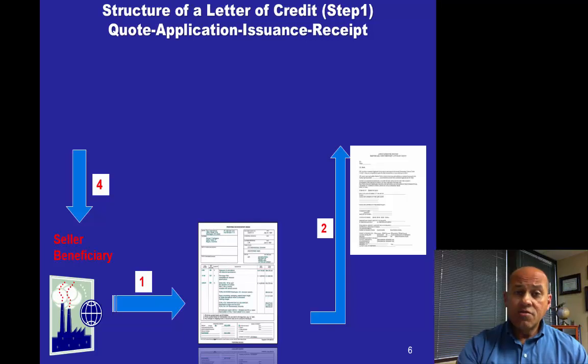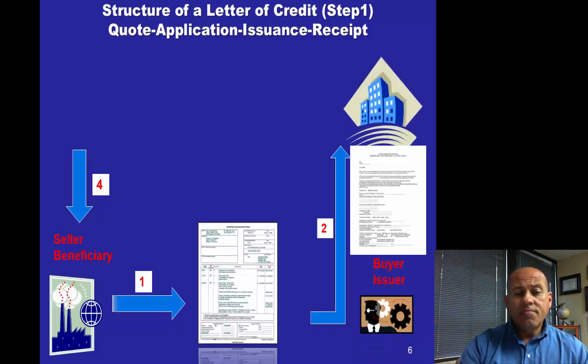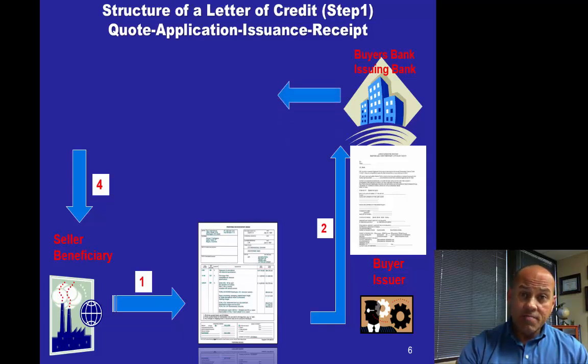Either the international buyer will have funds in the bank representing the letter of credit that they want to generate, or they will have a line of credit representing that amount. So now the buyer issues that letter of credit through their bank. We call the buyer's bank the issuing bank.